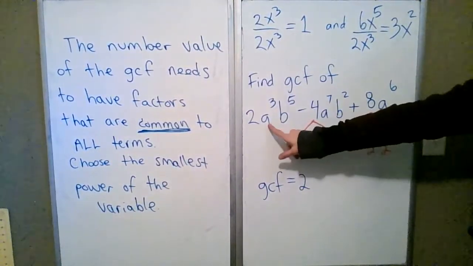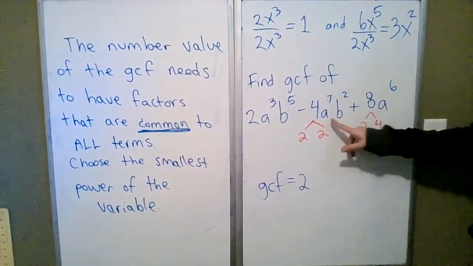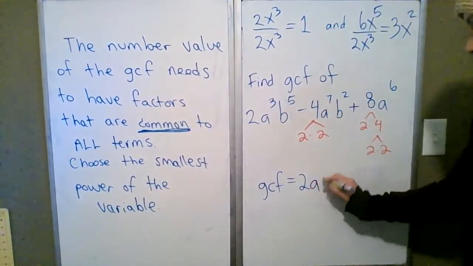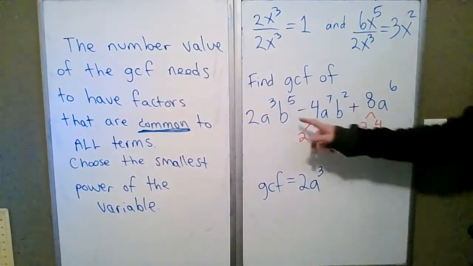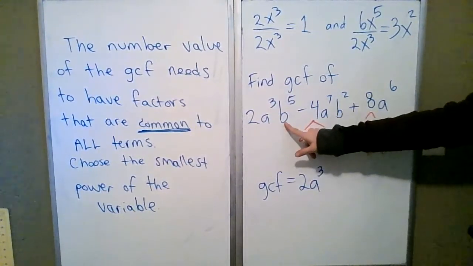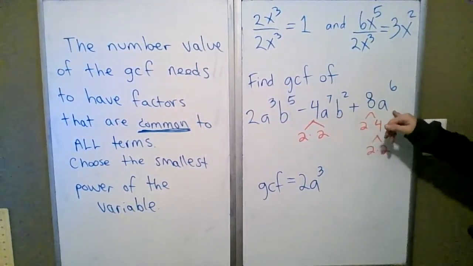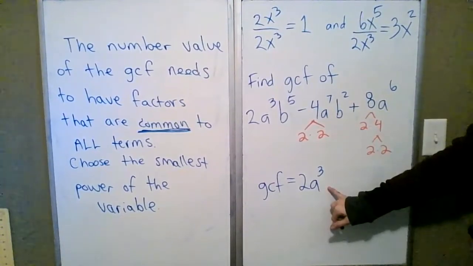For a, we're going to go with the smallest power: a cubed, a to the 7th, a to the 6th. So we're going to use a cubed. And when it comes to b, there's b to the 5th, there's a b squared in the middle, and the last term does not have b. So the least you have of b is none of them. So don't even use b in your GCF.